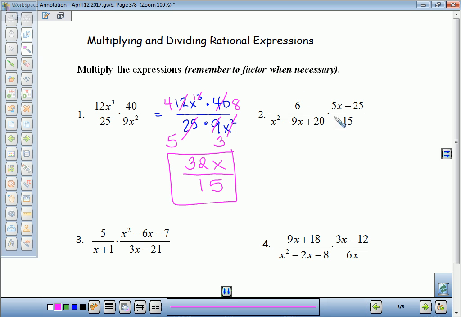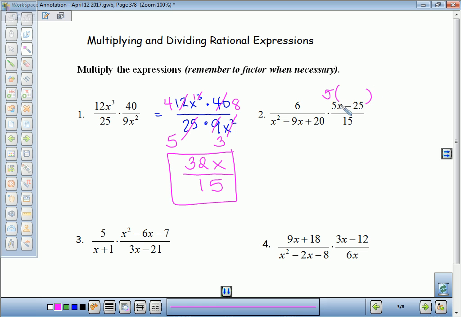Okay, now with these, we have a binomial and a trinomial. So what do you think we need to do with these binomials and trinomials if possible? Factor them. Okay, in the numerator, the 5x minus 25. Will that expression factor? Yes, it has a common factor, a GCF of 5.